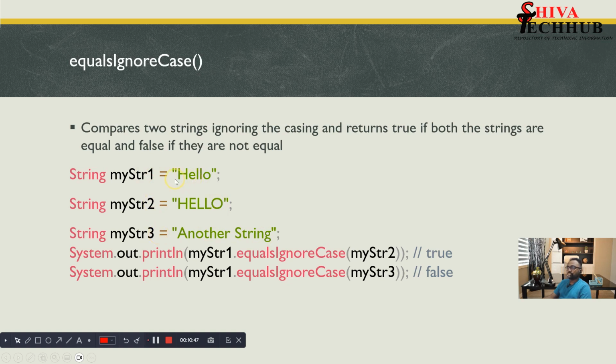Though the casing is different, the characters that are present and the sequence of characters are the same, so it will return true. Now if you compare str1 and str3, though the casing is the same, the length is different and also the sequence of characters is different, so it will return false. So that is how we need to understand equalsIgnoreCase.